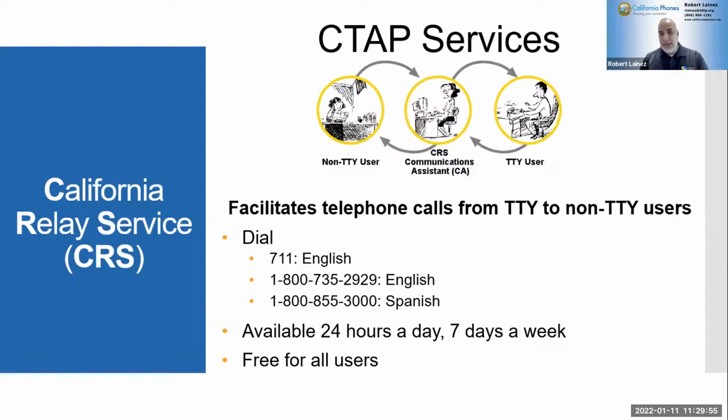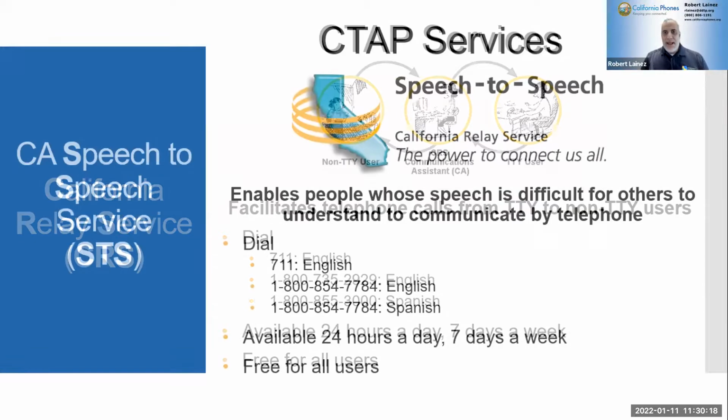If not, then the communication specialist will type back that answer to your teletypewriter. So this is how this works. This is absolutely free. It's 711, it says Spanish and English, but 711 is the easiest, and it's available 24/7 for you. This is also something that we manage for the state.